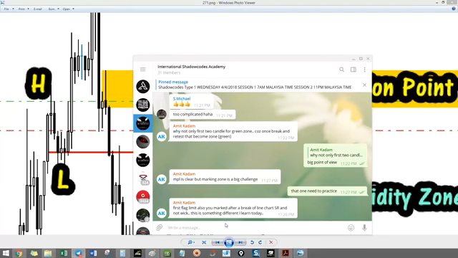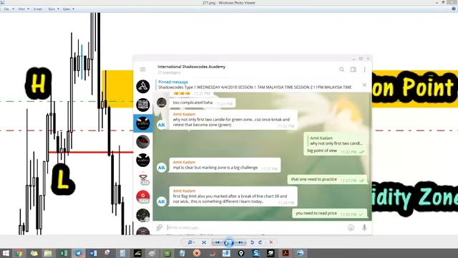First flagging, you also mark after break of line and not wick. This is something different I learned today. You need to read price. Okay. How to read price?